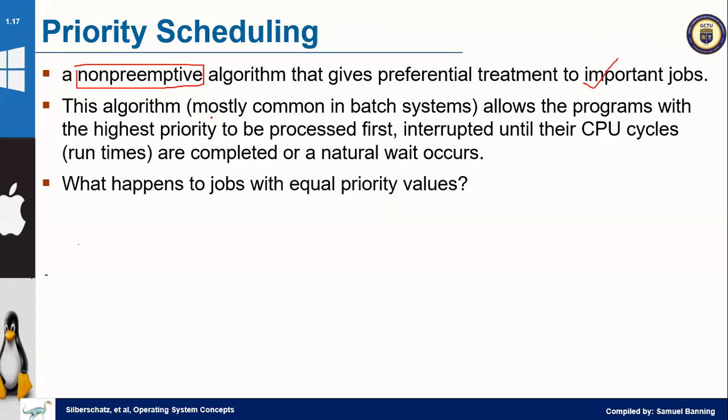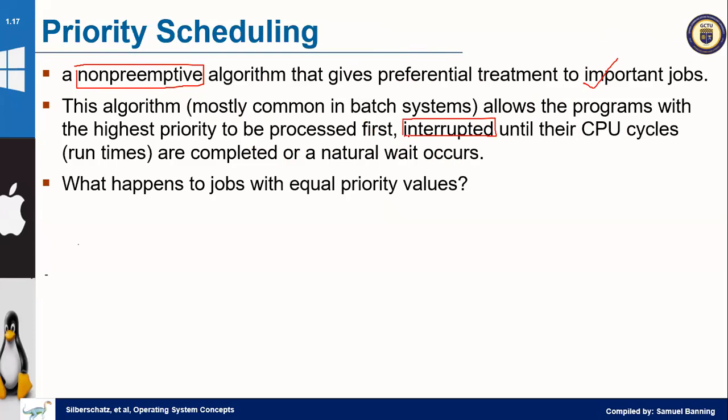This algorithm, mostly common in batch systems, allows the programs with the highest priority to be processed first. This will be uninterrupted until their CPU cycles are completed or until they execute a natural wait. That means they want to perform an IO operation.